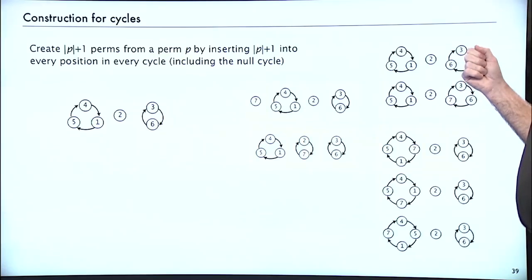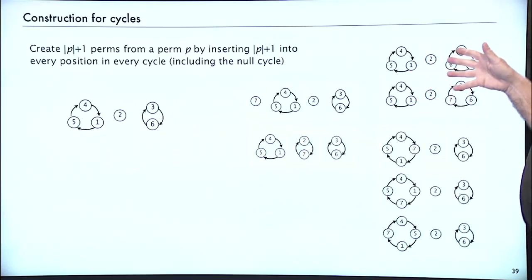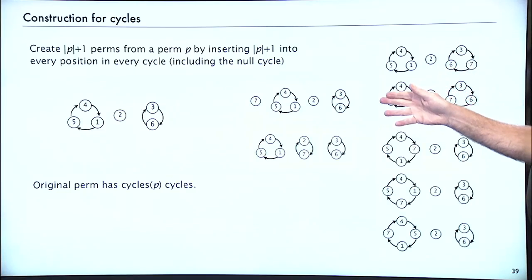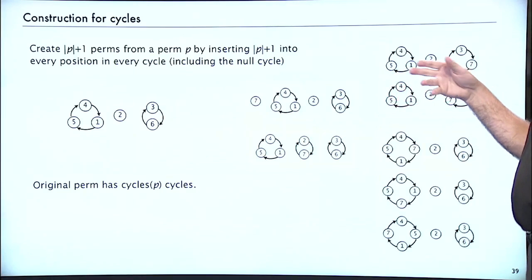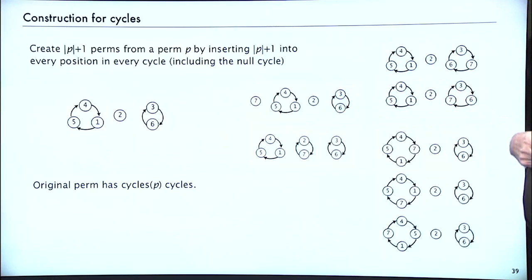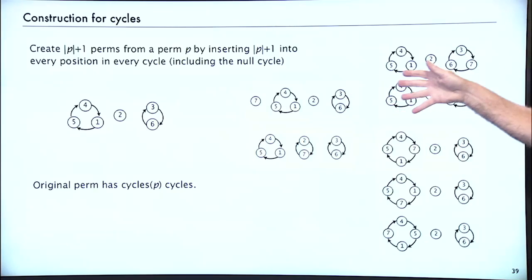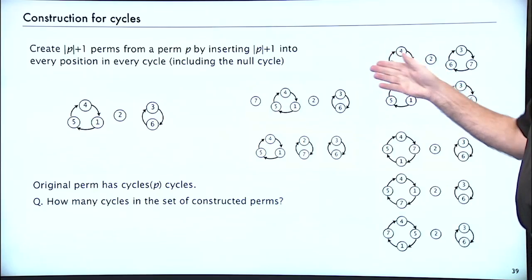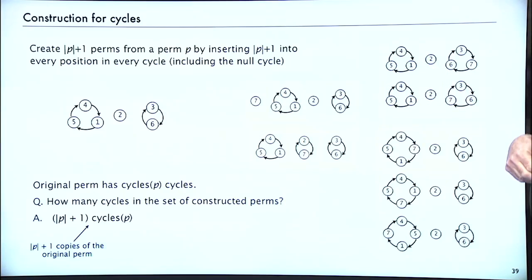And so now the question is, how many cycles are there in all of these permutations? If the number of cycles in the original perm is cycles of p, then how many are there in all of these? Well, they all have the same number of cycles, except the case where we added a new cycle by adding to the null cycle.